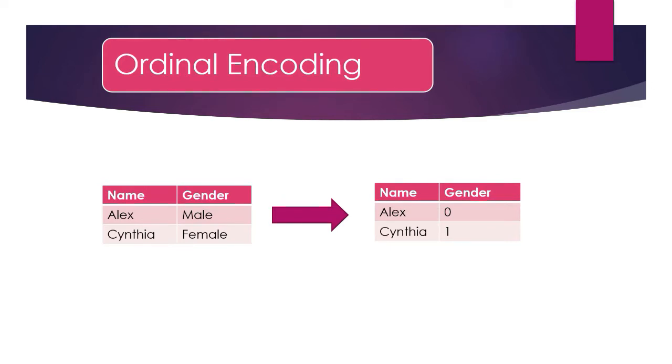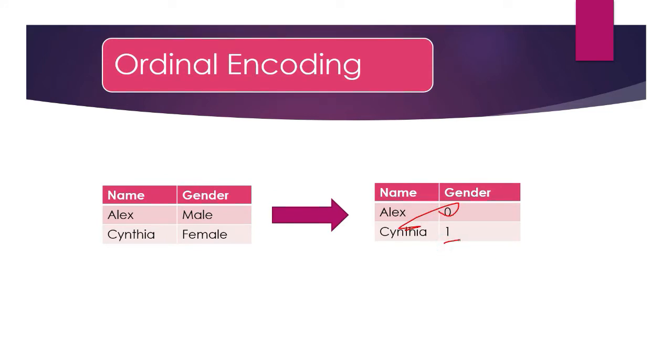Now if we want to do ordinal encoding, we can simply provide a number to every gender. Let us say we want to encode our gender column through ordinal encoding. Here you can see that we have encoded male as 0 and Cynthia, which is female, as 1.